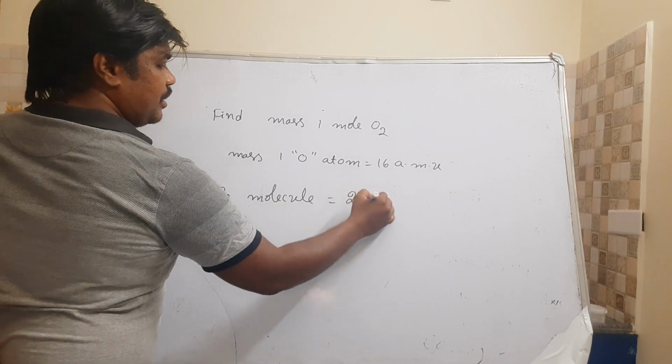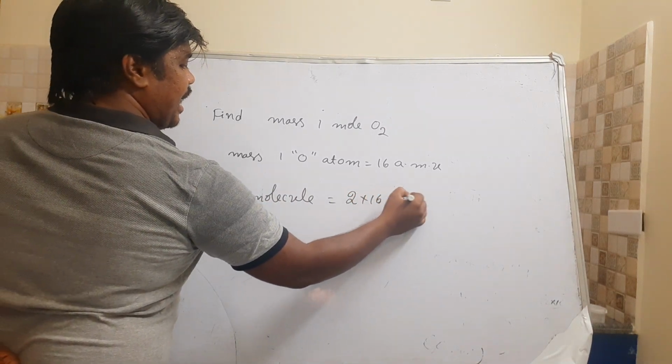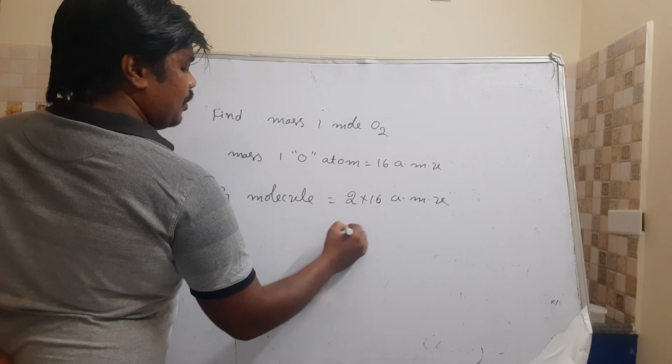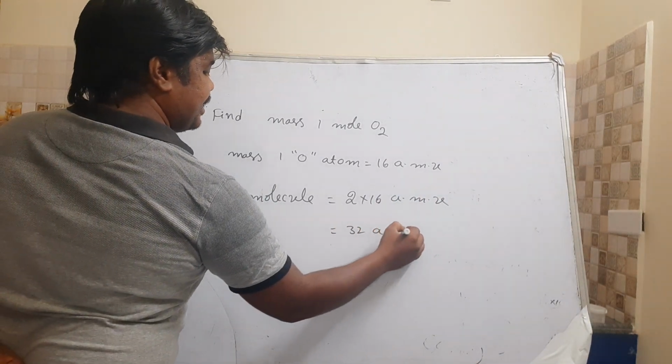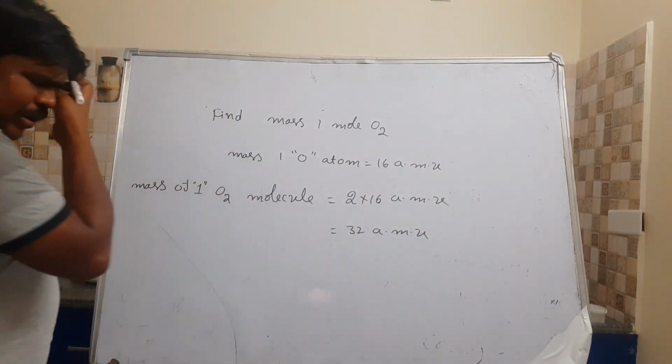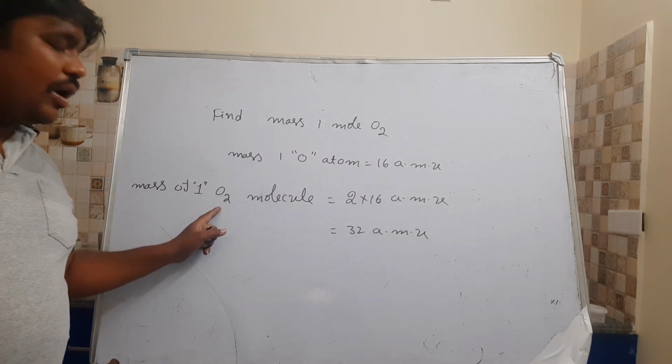So 2 into 16 AMU, that is 32 AMU. This is the molecular mass of 1 oxygen molecule.